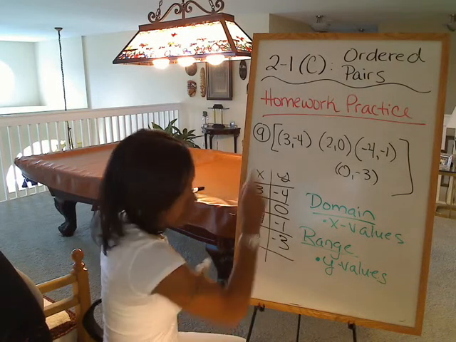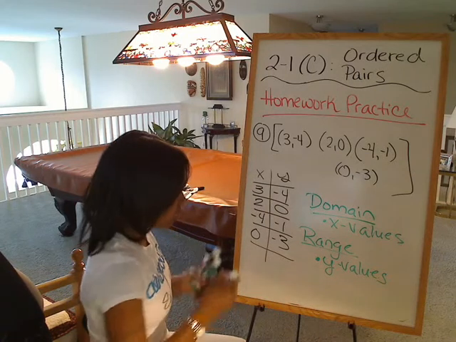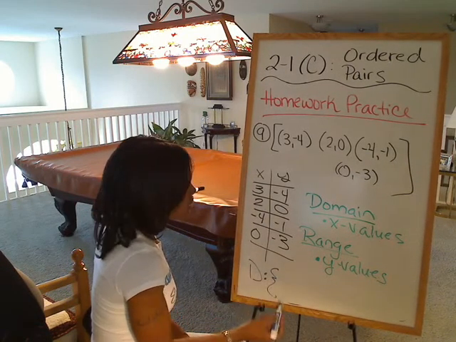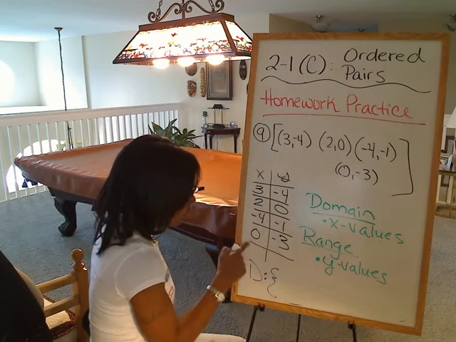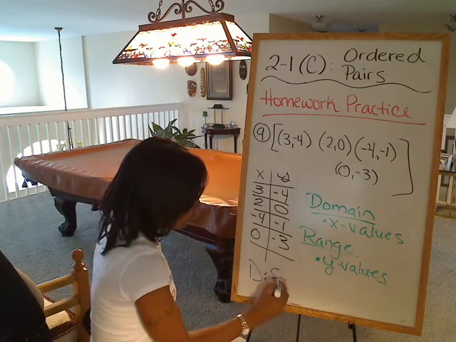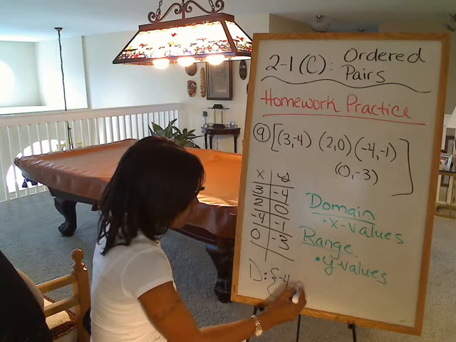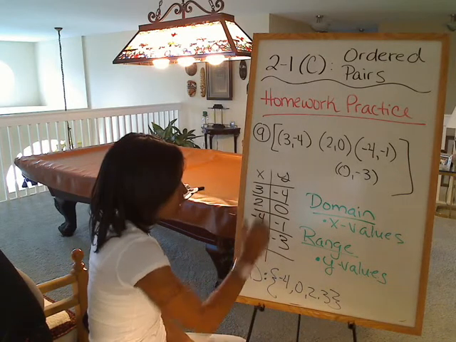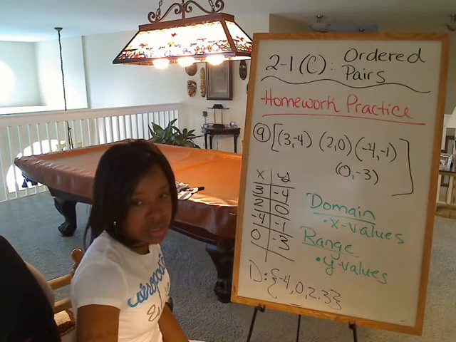So the domain for number 9, let's call it D. The domain would be, put it in brackets, it would be 3. Well, let's start from the smallest number. -4, 0, 2, and 3. Those are all the X values in order from least to greatest.